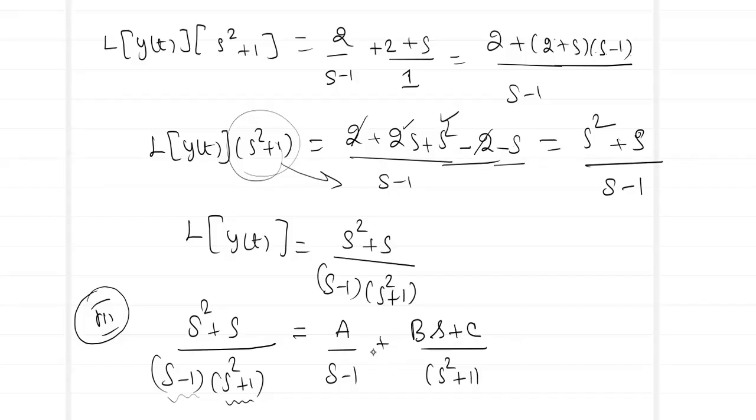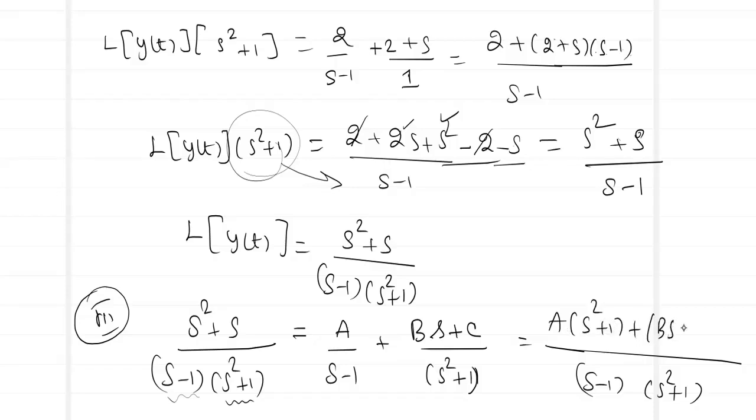Hence, I have it of the form a by s minus 1 plus bs plus c by s square plus 1. Now, since the denominators are going to be the same, I can take LCM, which is s minus 1, s square plus 1. So I will have a times of the left out quantity, which is s square plus 1, plus the next one is bs plus c, operated at the left out term, which will be s minus 1.